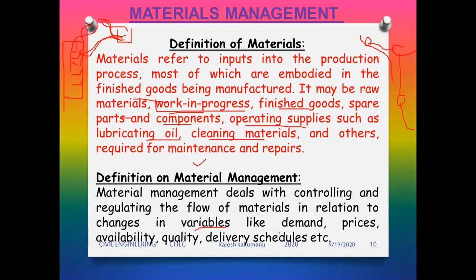The materials may be raw materials, work in process, assemblies, finished goods, etc. Coming to the definition, it deals with materials only. But what? The controlling and regulating. You should control, at the same time regulate, the flow of materials. The materials may be raw materials, work in process, finished goods, in relation to the changes in variables.